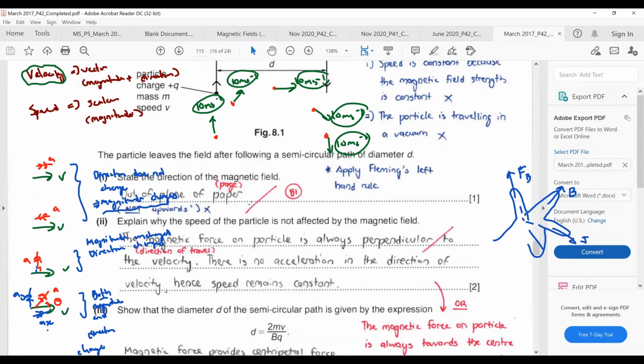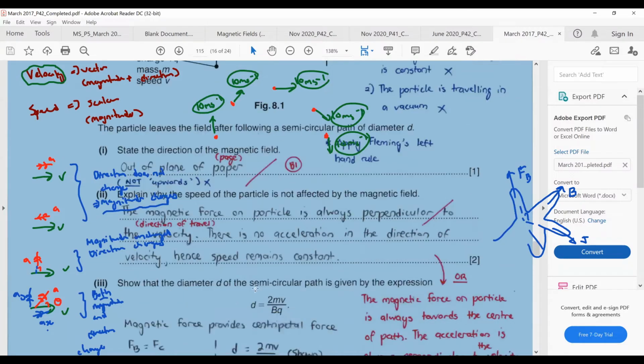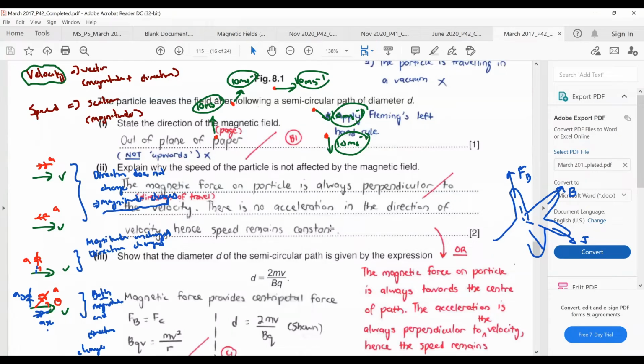Since the magnetic force is perpendicular to your velocity, the acceleration is also perpendicular to your velocity. There isn't a component of the acceleration in the direction of the velocity, so your speed remains constant. What it will cause is just a change in direction. Okay, so that part is fine.